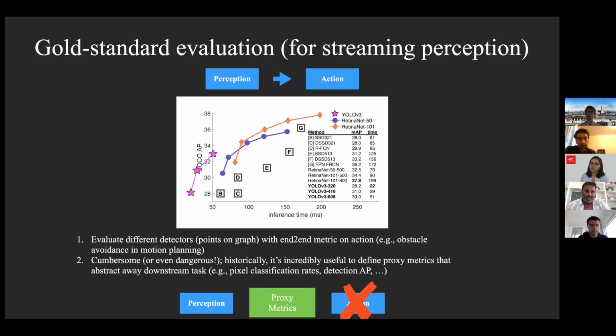So the argument was that if we look at this graph and think of different points on this curve, it could be the case that using a worse method, but one that's faster, might actually result in better overall behavior because I can be more reactive to the environment. This was really surprising to me.